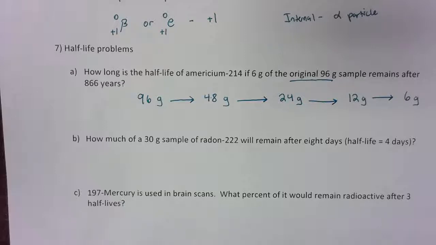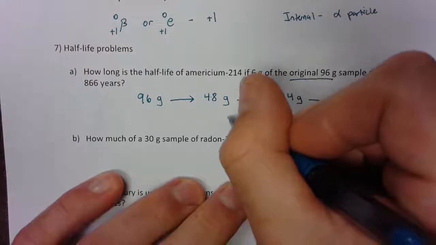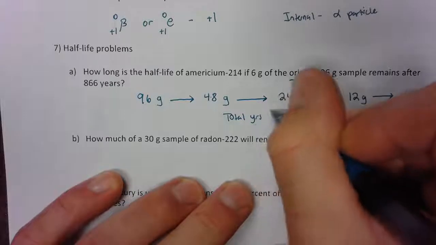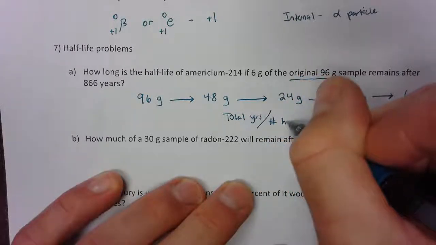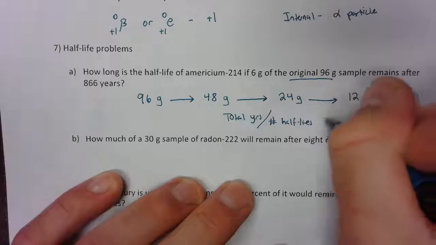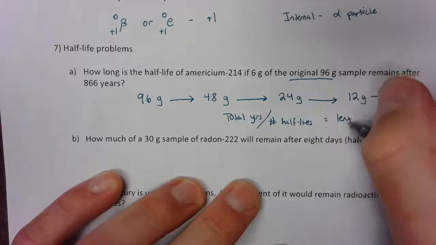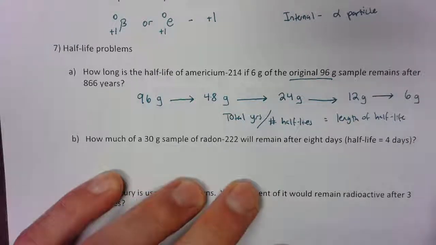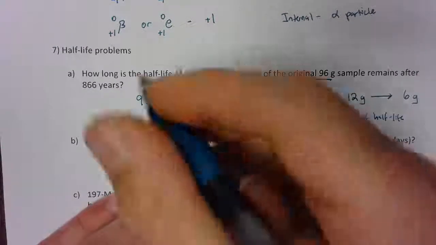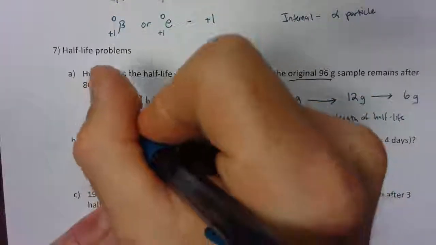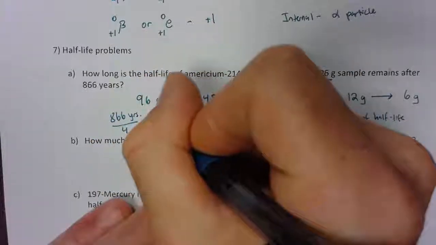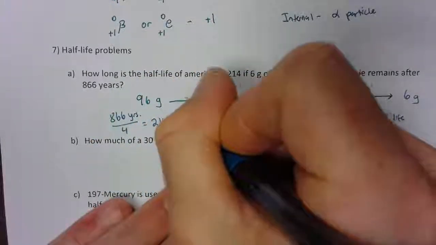And if we take the 866, the total years, and divide that by the number of half-lives, we will get the length of the half-life. So that in this case is going to be 866 years divided by 4, which gives me 216.5 years.